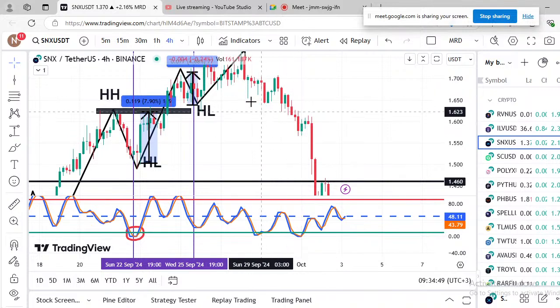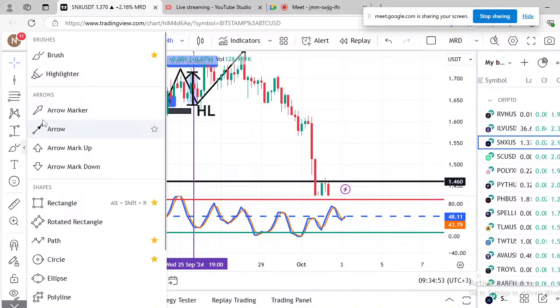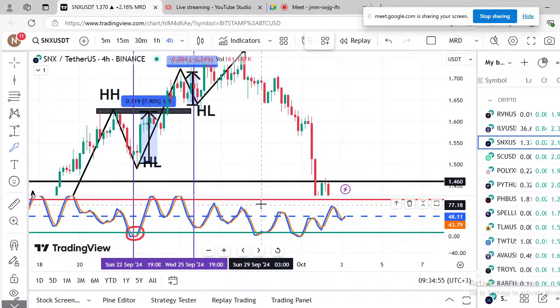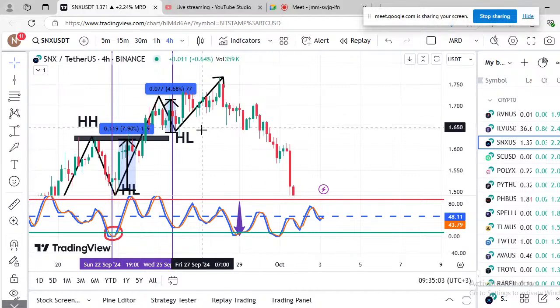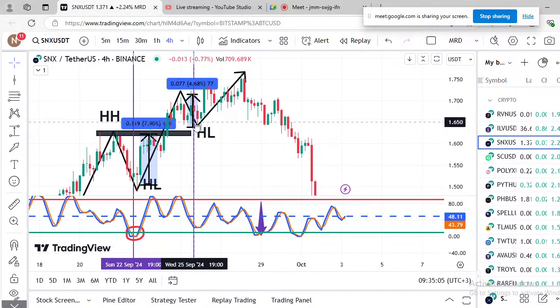Now, let us put our eyes here. Let us look at this point. We can see that the lines are down here at this point. But when you check up, we can see the market is trying to break.